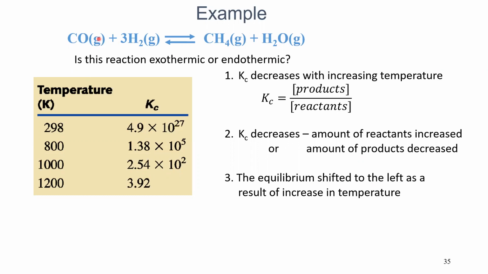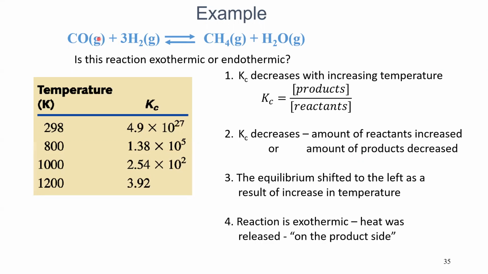So then what side of the equation is the energy on? The energy must be on the product side. The reaction's exothermic. Increasing the energy essentially is increasing a product. That's going to cause a shift to the left. So we're going to decrease product and increase reactant and decrease K. And that's what this data means.